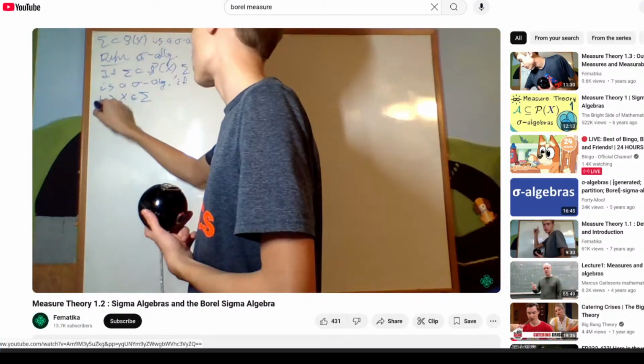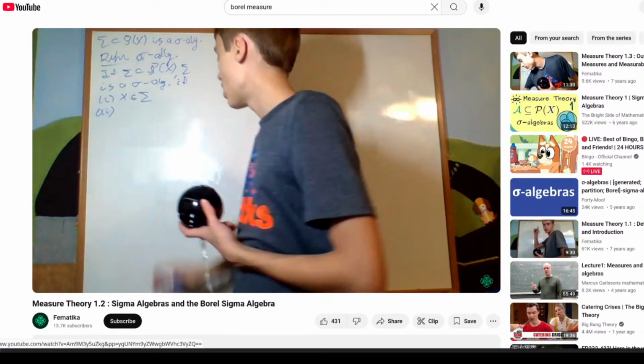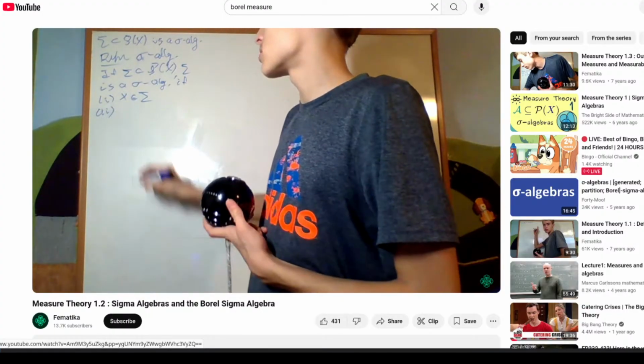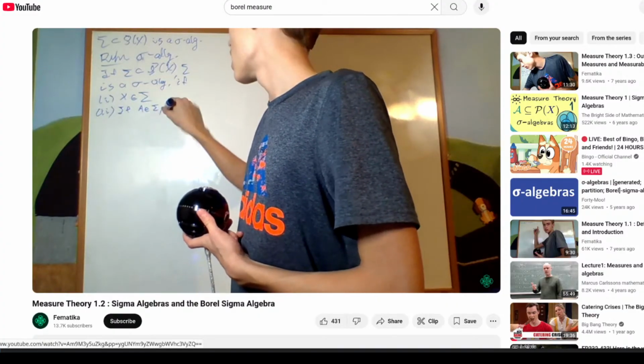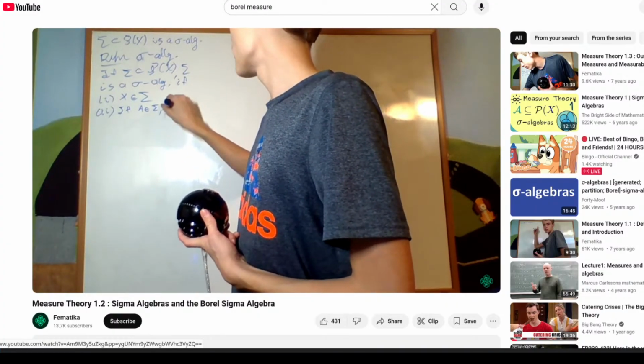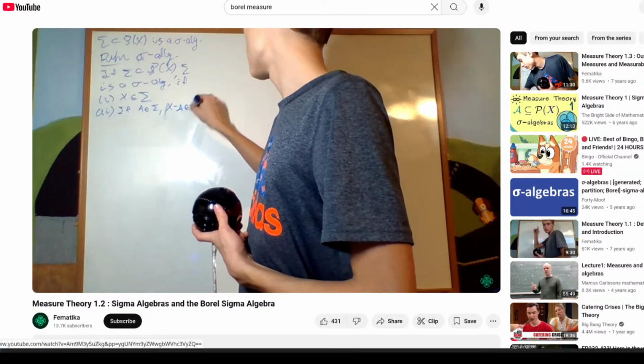Okay, 2. It's closed under complements. So if A is an element of sigma, the complement X minus A is an element of sigma.